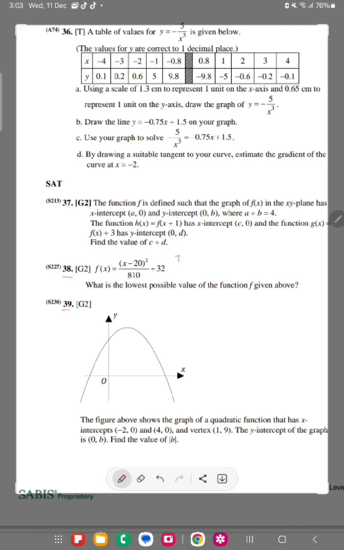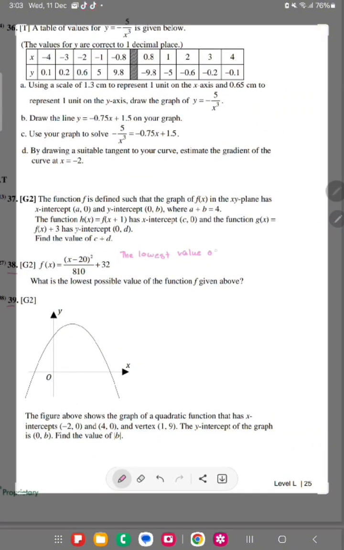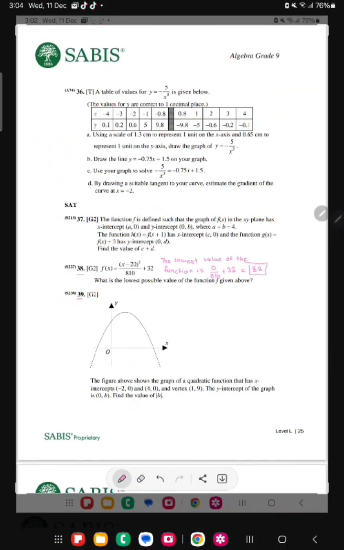You're going to say the lowest value of the function is 0 over 810 plus 32, so this is the lowest value of the function. If you solve it, you're going to get 32. So your answer is 32. That's how you should write it in written.